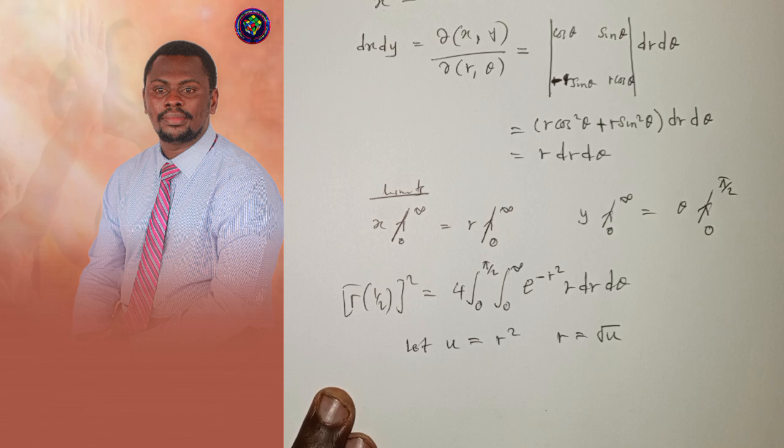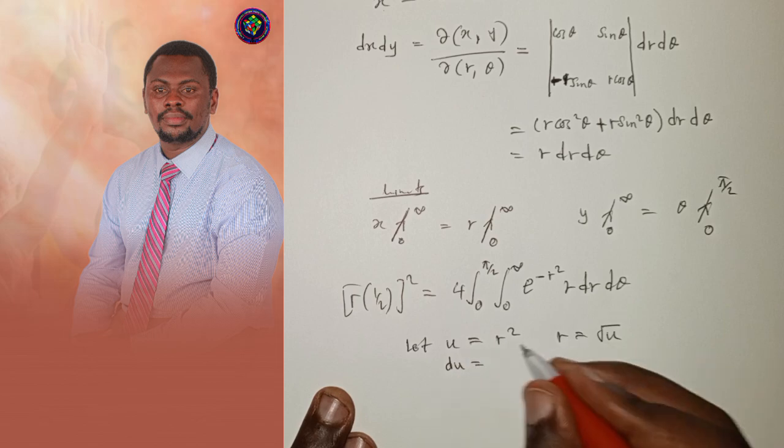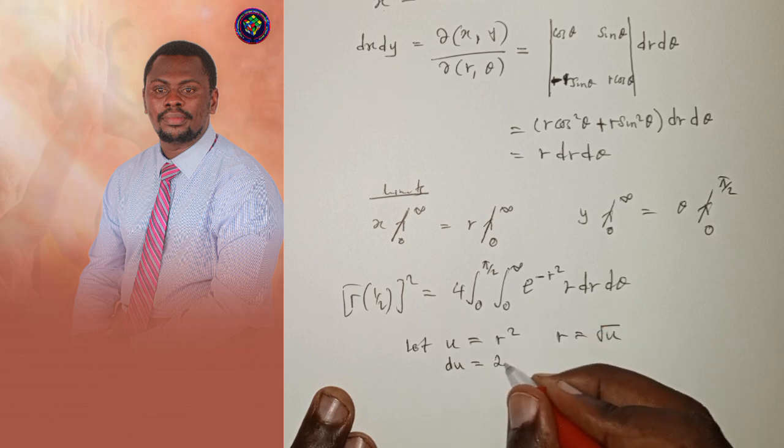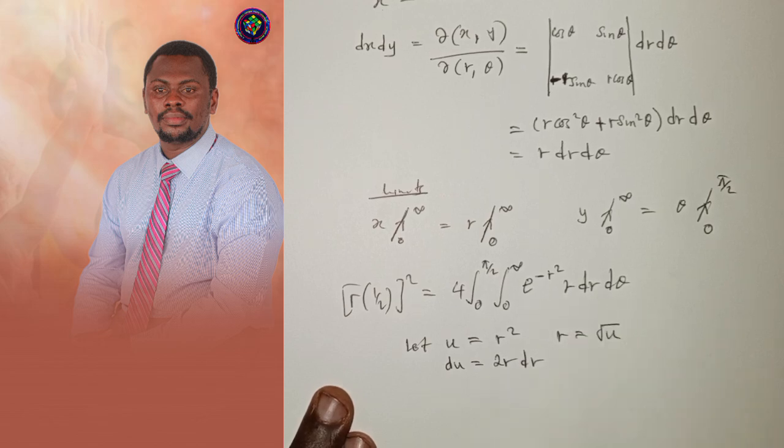Okay, and when we differentiate, it will be du is equal to 2r dr. Okay, so since here we have r dr, we can make r dr the subject of the formula. So here it's just a matter of dividing 2 to both sides of the equation.